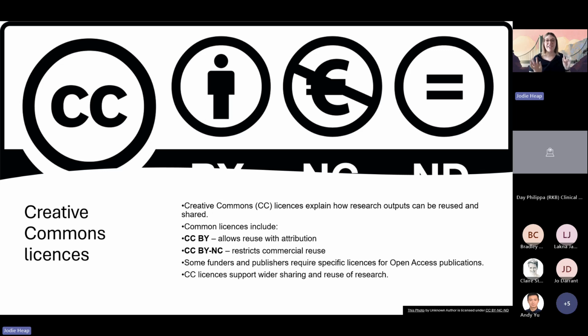But I promise Creative Commons is the friendliest route into making sure that you are covered correctly for sharing your works appropriately. So there are different licenses available depending on how open you would like to be.